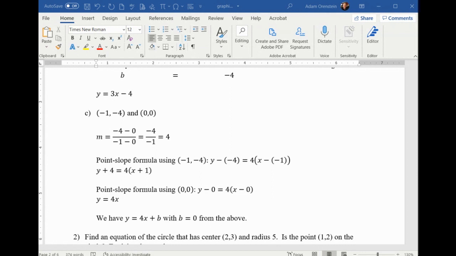That's the y coordinate, equals 4, the slope, times x minus negative 1. And so from here, we're going to get y plus 4 is equal to 4 times x plus 1. That's what we get.